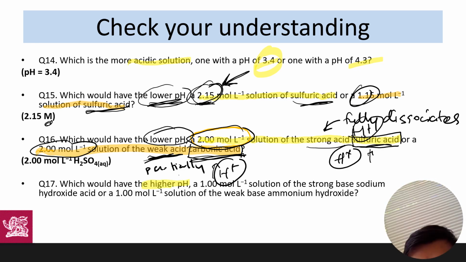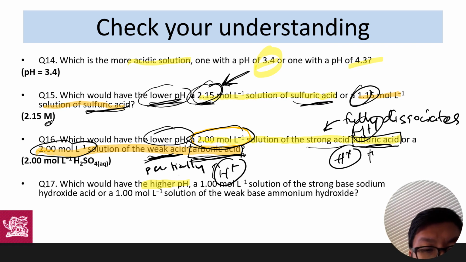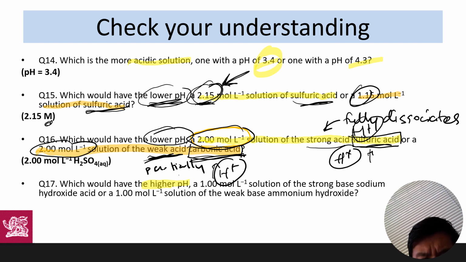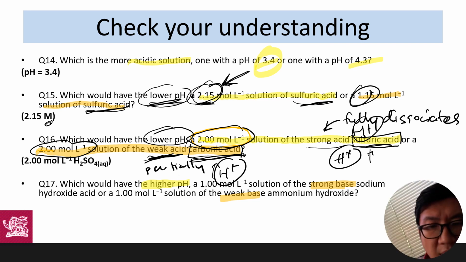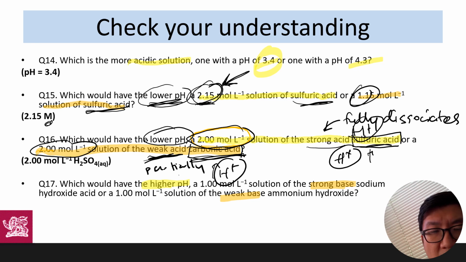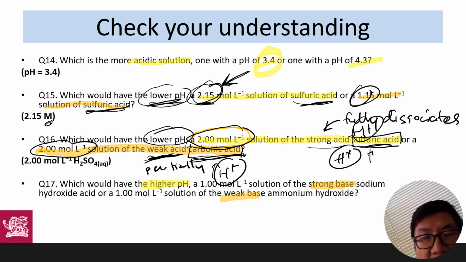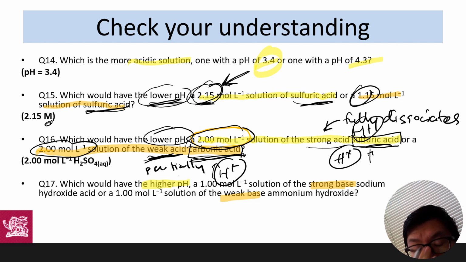So higher pH meaning either a weaker acid or a substance with a lower concentration of hydrogen ions, or on the flip side, if we're talking about bases, then the higher the number for the pH, the stronger the base will be, or the weaker that acidic substance would be.